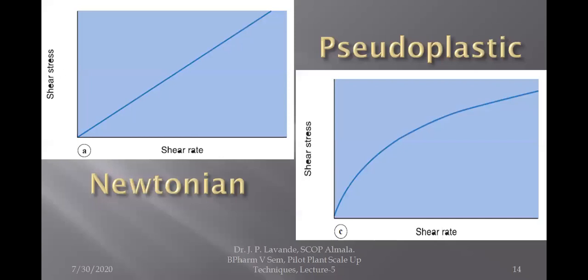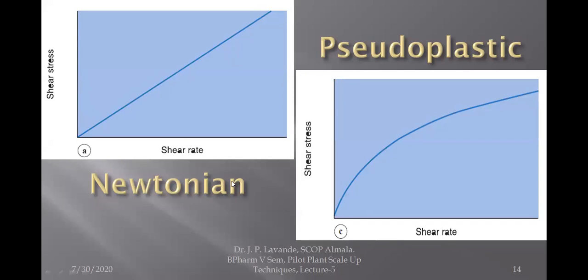What is Newtonian flow? We have to consider the shear rate with the shear stress in both cases, Newtonian as well as pseudoplastic. When there is a direct relationship, when one increases, the other also increases, that relationship is said to be Newtonian.